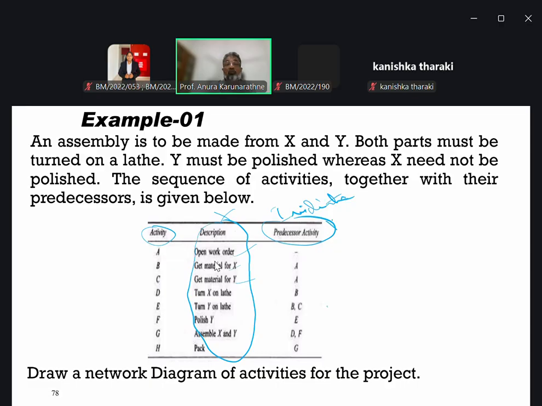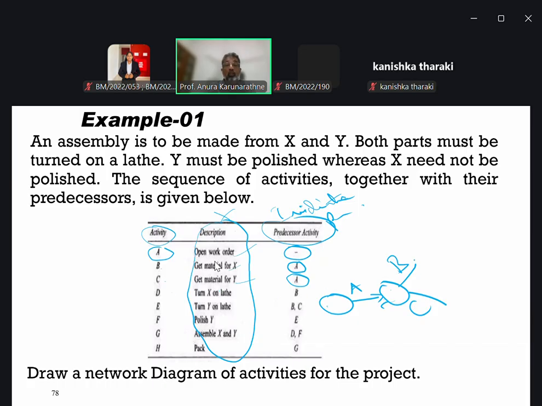In order to start A, you have no immediate predecessor, so you can start from activity A. Then if we want to start B and C, we have to finish A first.